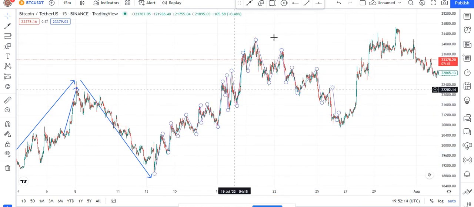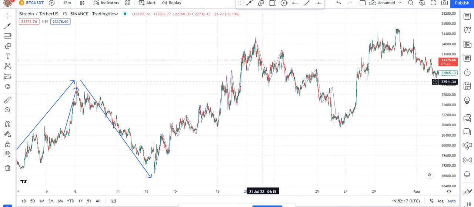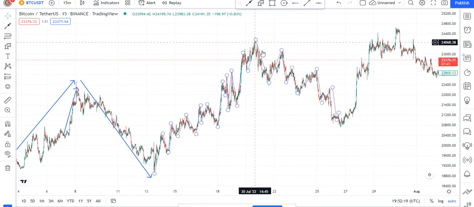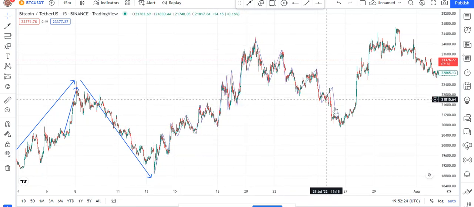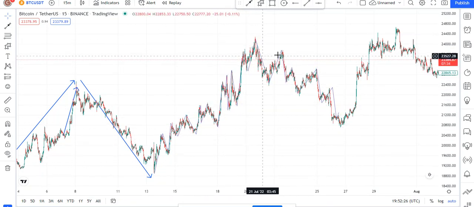The first reason why a reversal will happen is to do a deep retracement. So we are doing the retracement of the entire move.